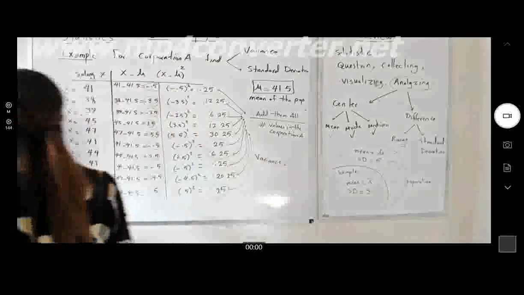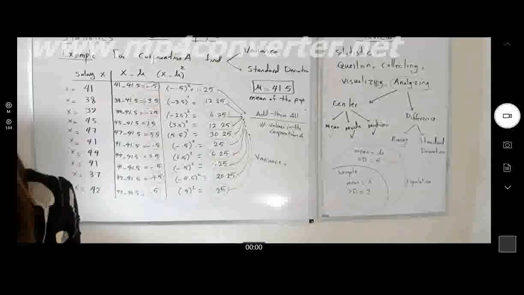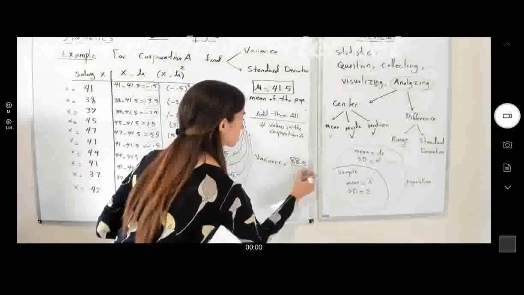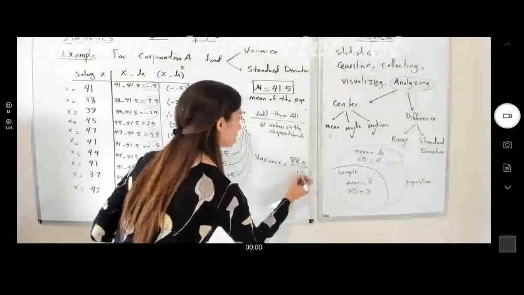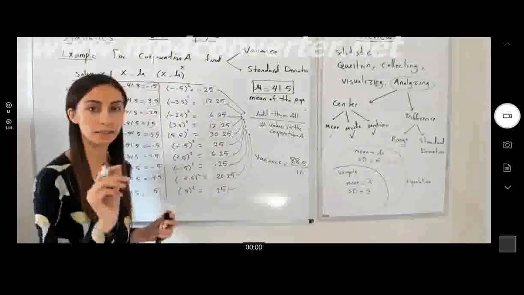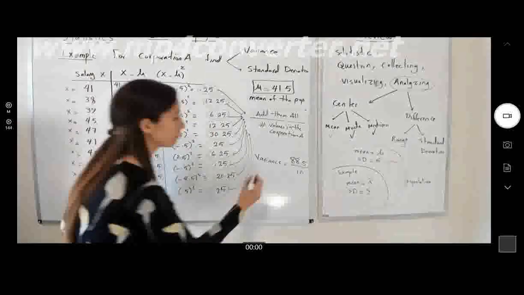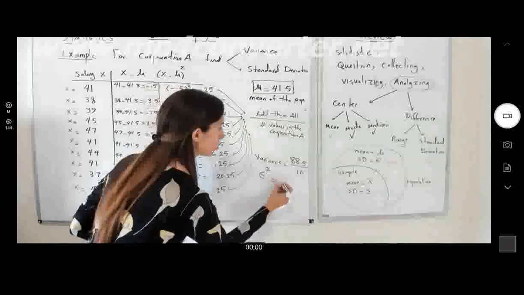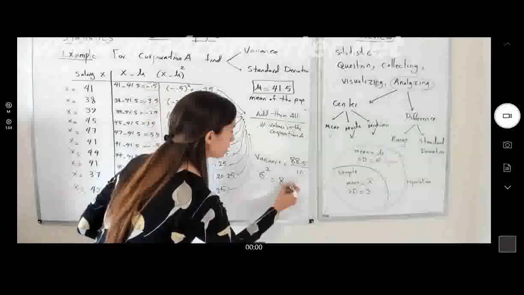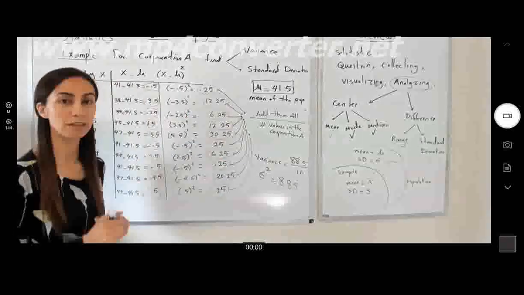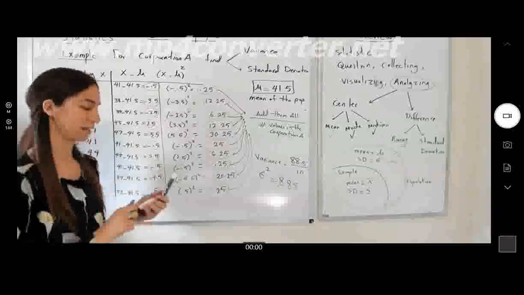So your variance is equal to 88.5 divided by 10. The symbol that you're using for your variance is sigma squared, which is equal to 8.85. This number is unit squared.